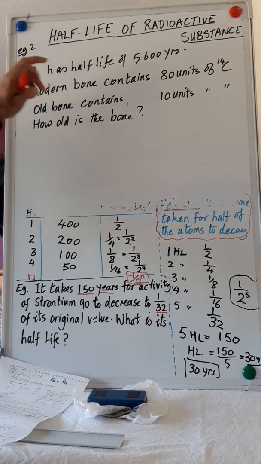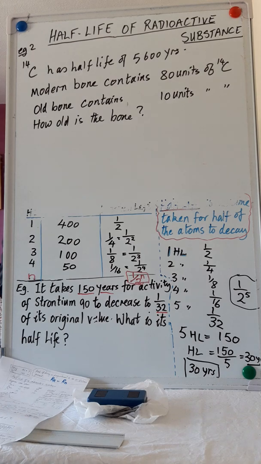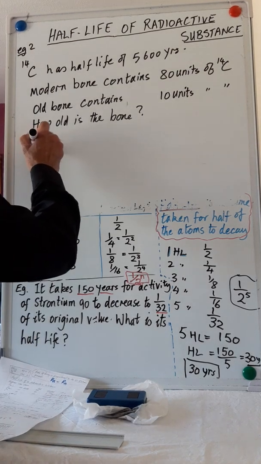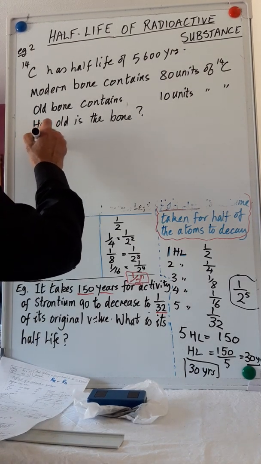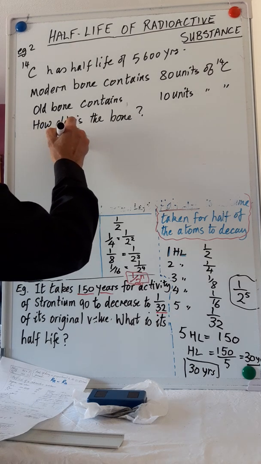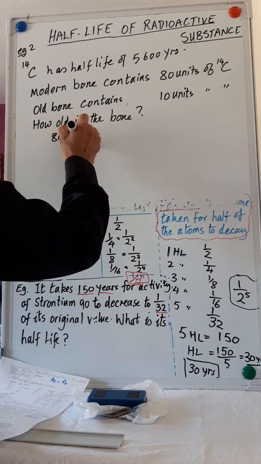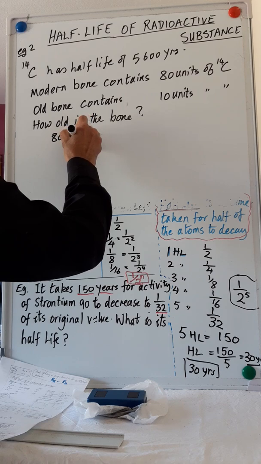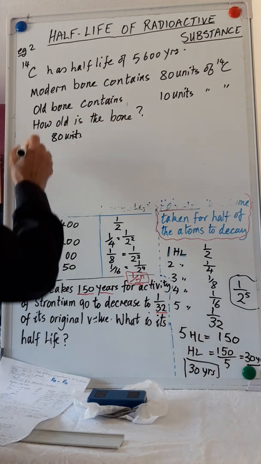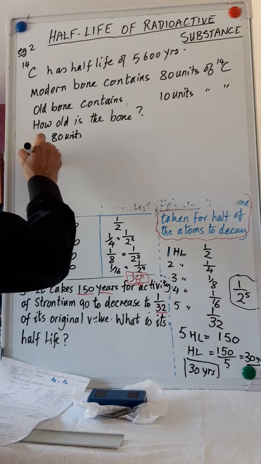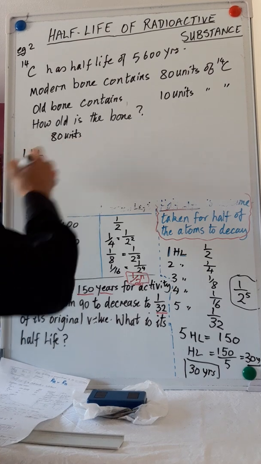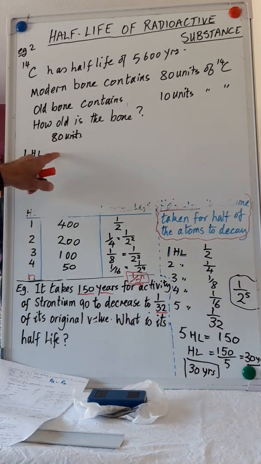Now, modern bone contains 80 units of carbon-14. Now we know that at present it is 80 units. After one half-life, how much will it be?